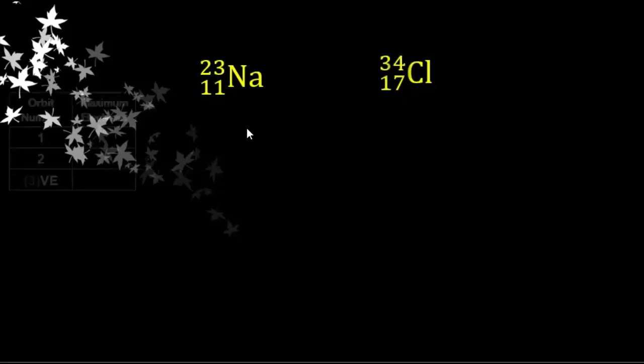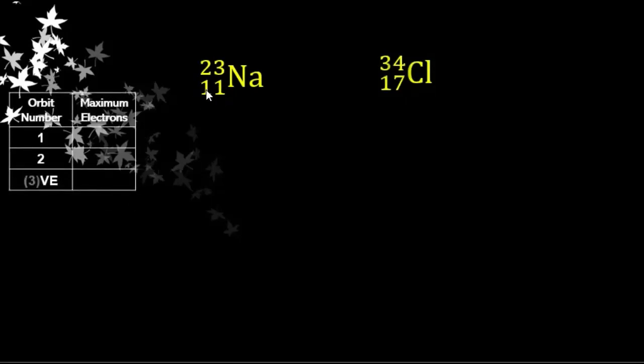Let's combine sodium, our metal, and chlorine, our non-metal. Sodium has 11 as its atomic number. For a neutral element, the number of protons, the atomic number, and the number of electrons are equal because they are still in a neutral state. So let's have a table. For the first shell, we have 2, and for the second shell, we have 8. 8 plus 2 is 10, so what's left to make it 11 is 1.